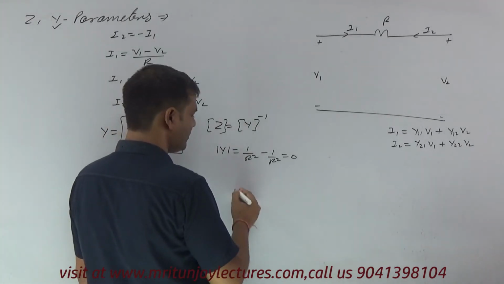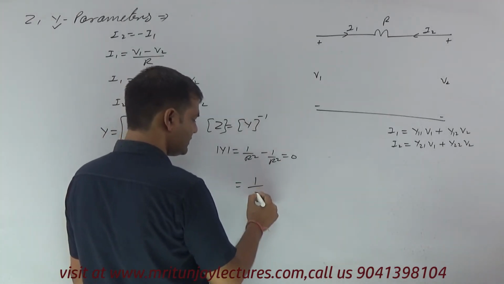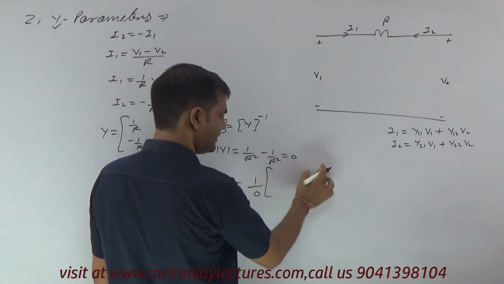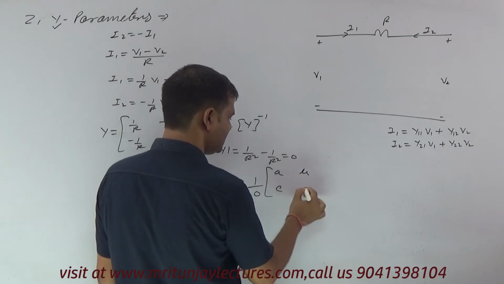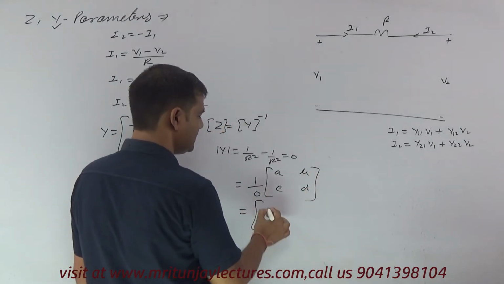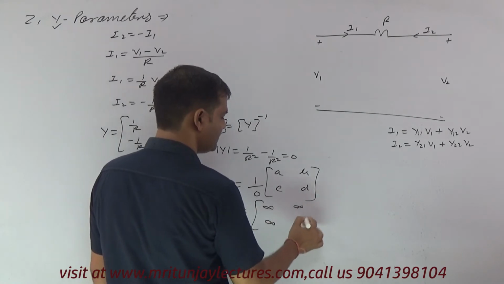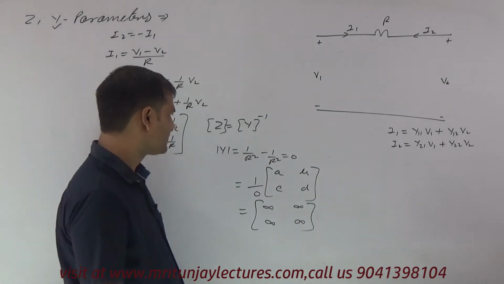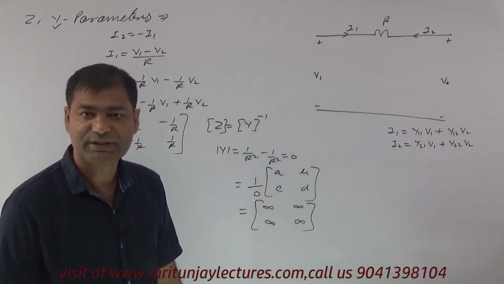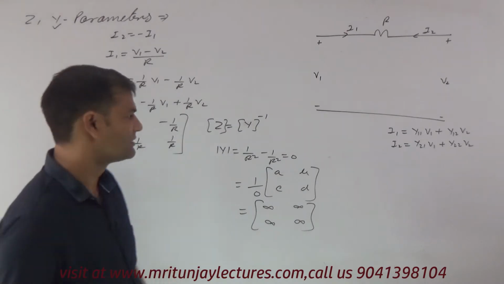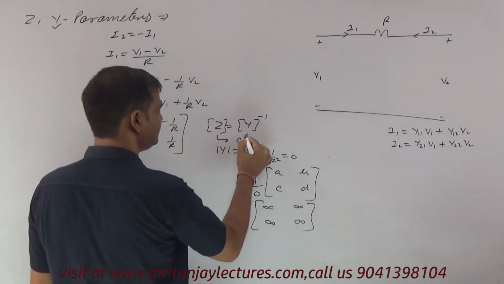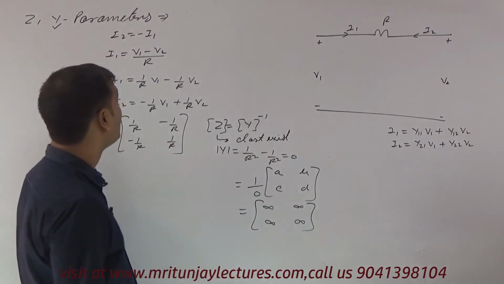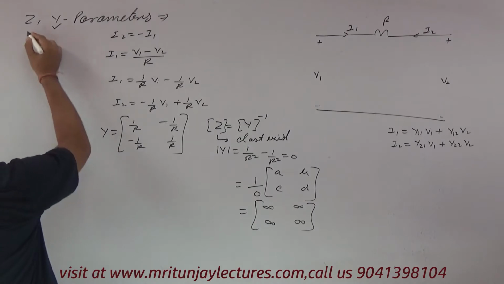It means if mod Y is 0, then whatever the entries A, B, C, D are, we get infinity, infinity, infinity and infinity. Clear or not? Very simple. So all parameters are infinite, which means the Z parameter does not exist. Sometimes they ask for the Y parameter and Z parameter, so this one does not exist.